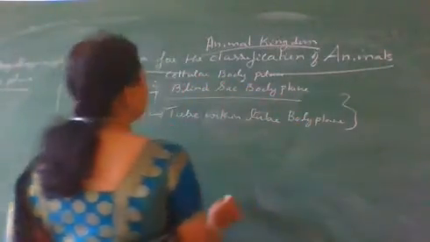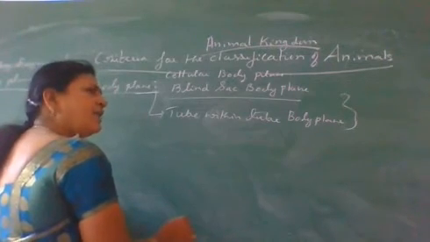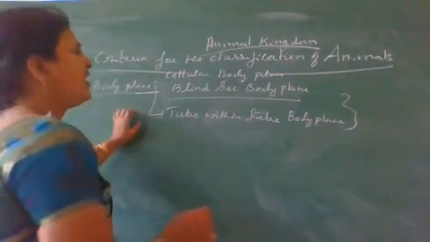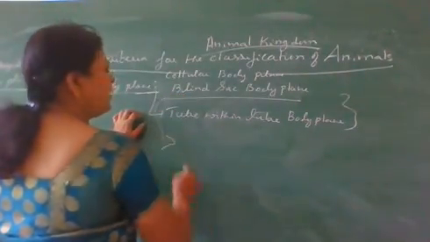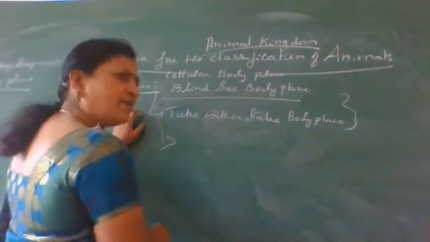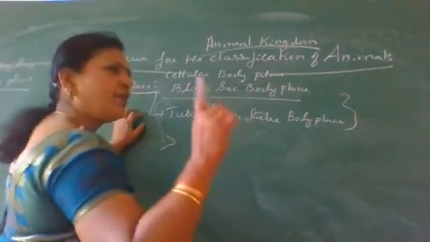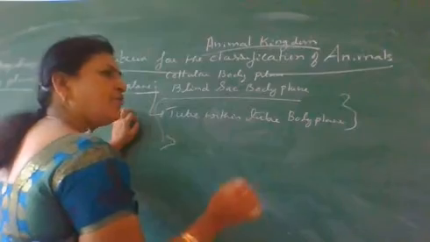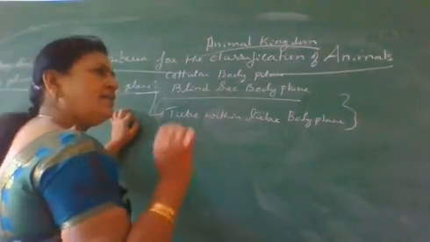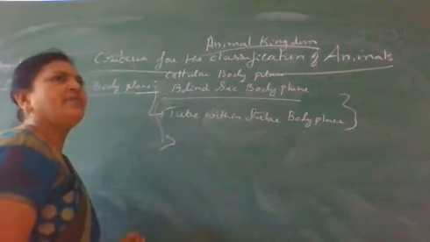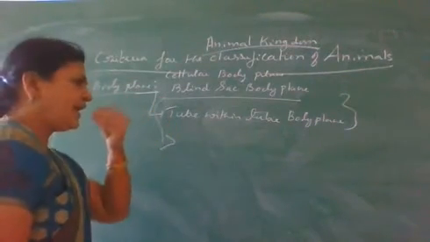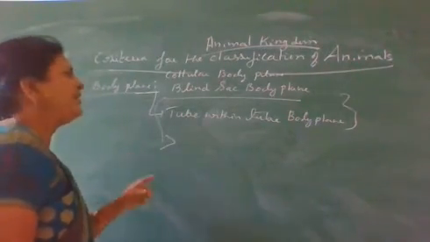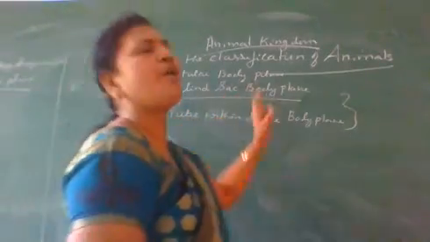Blind sac body plane is one where the animal has a body cavity with only a single opening. That single opening is meant for both ingestion as well as egestion of components.